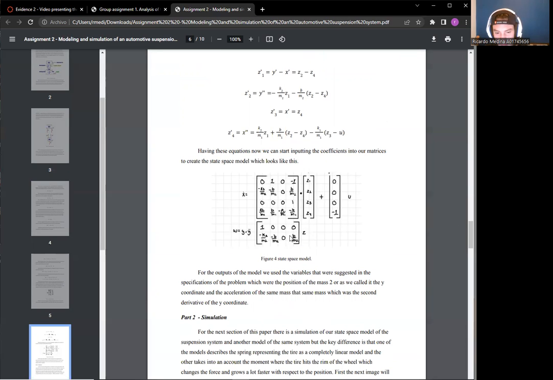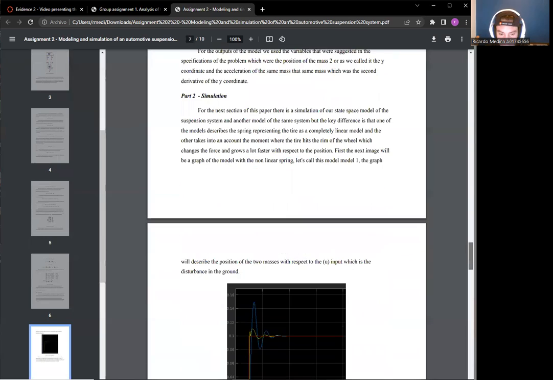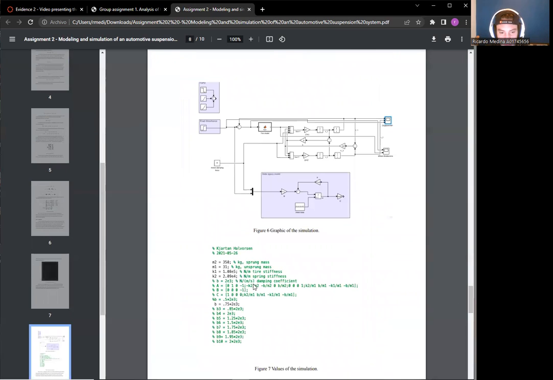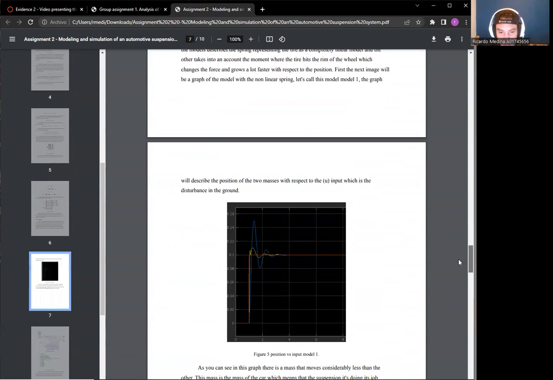We can input this state space model into the simulation, which is this one. Here are the matrices, here's the simulation, and we used a road disturbance of a bump as the input. This is what comes out of it: the movement of the two masses and the movement of the road, which is our u coordinate, our x coordinate, and our y coordinate.